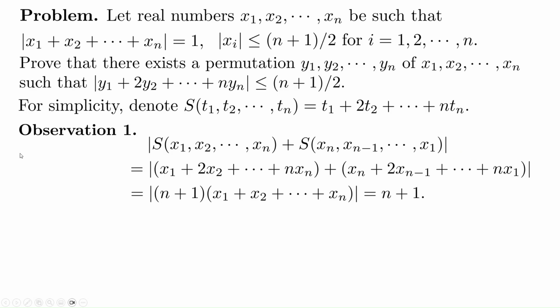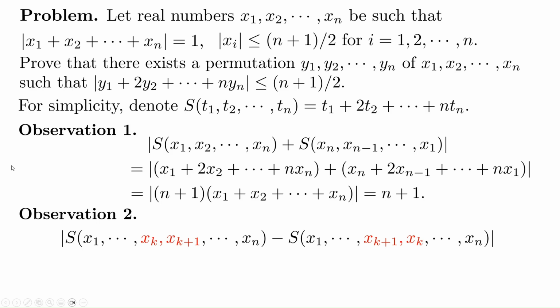The problem is that we don't know whether these two sums are positive or negative. If one is positive and the other is negative, then their sum after cancellation equals n plus 1. Each individual one can still be larger in absolute value. We will deal with this later.